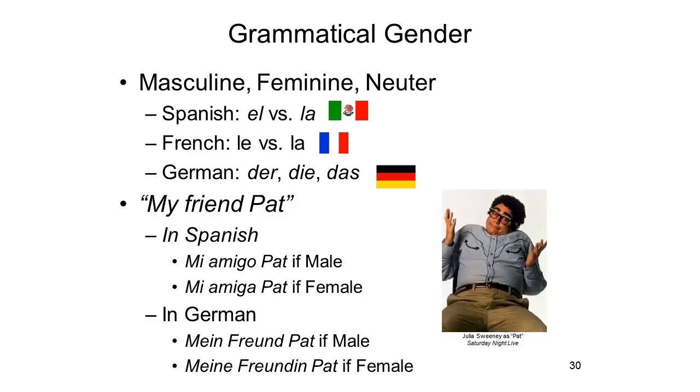But if I want to express the same thought in Spanish, I have to say what Pat's gender is. Mi amigo Pat clearly communicates that Pat is a man. In German, meine Freundin Pat clearly communicates that she is a woman. I can't leave it ambiguous. The syntax of Spanish and German forces me to think about gender in a way that English does not.